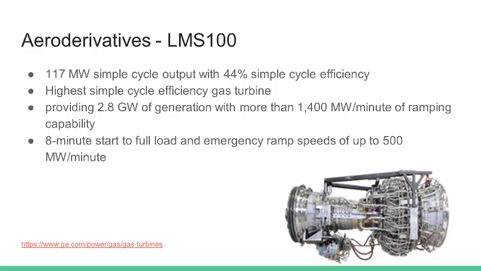It is the highest simple cycle efficiency gas turbine in the world, providing 2.8 gigawatts of generation with more than 1,400 megawatts per minute of ramping capability. It also has an 8-minute start to full load and emergency ramp speed of up to 500 megawatts per minute. Its intercooled gas turbine system provides a rapid startup.